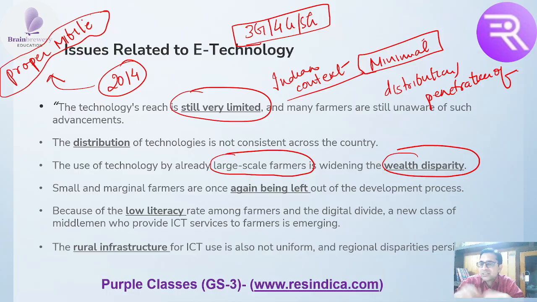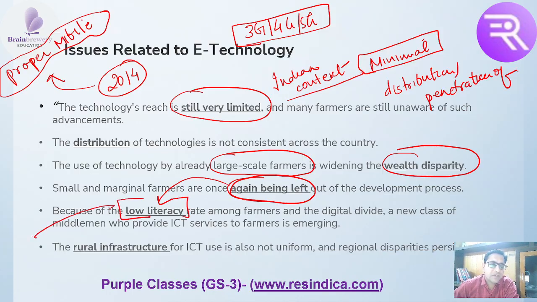Large farmers are taking up the technologies and utilizing them to the fullest, but medium and small farmers, who have very limited access, limited resources and a low literacy rate, find it difficult to cope with wealthy and large scale farmers. So they are again being left behind, and low literacy is always the issue.